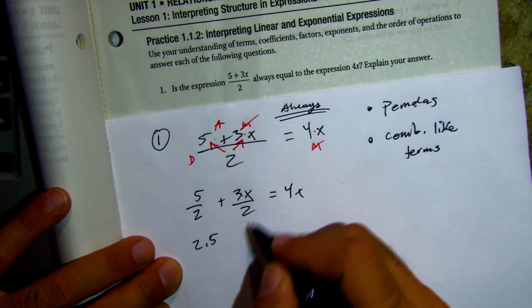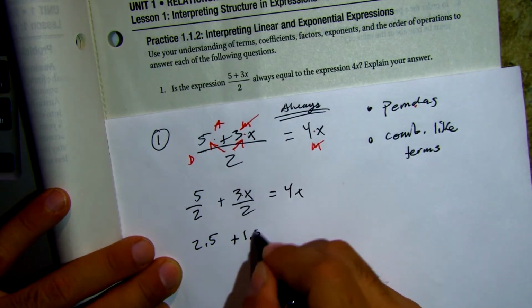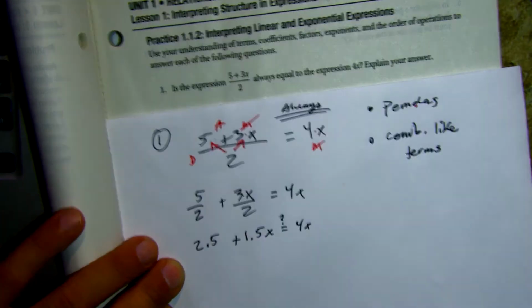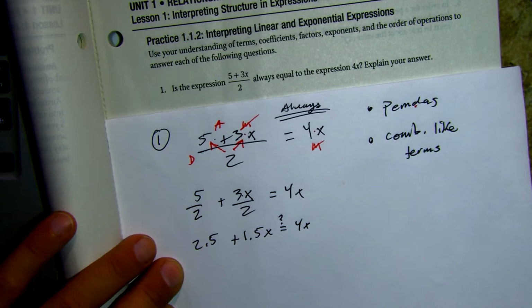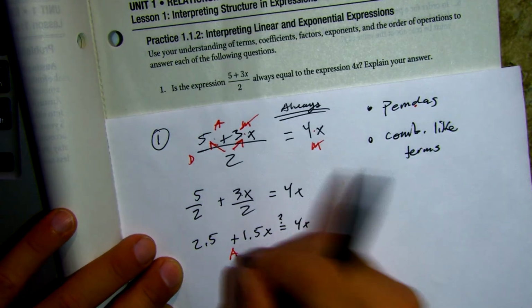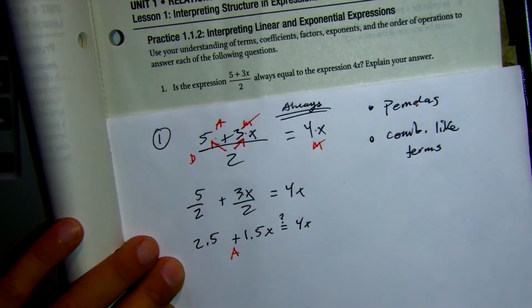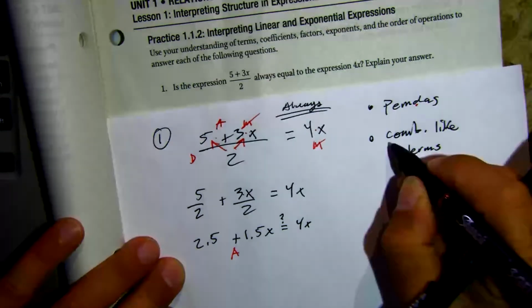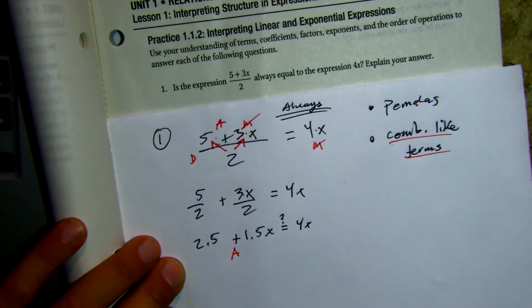Now, we've done all of the operations except for addition. And now we want to see, well, can we add those two numbers? And that's where combining like terms comes in. Because with combining like terms, remember we had this, we had 5x, 6x, 16, negative 8.